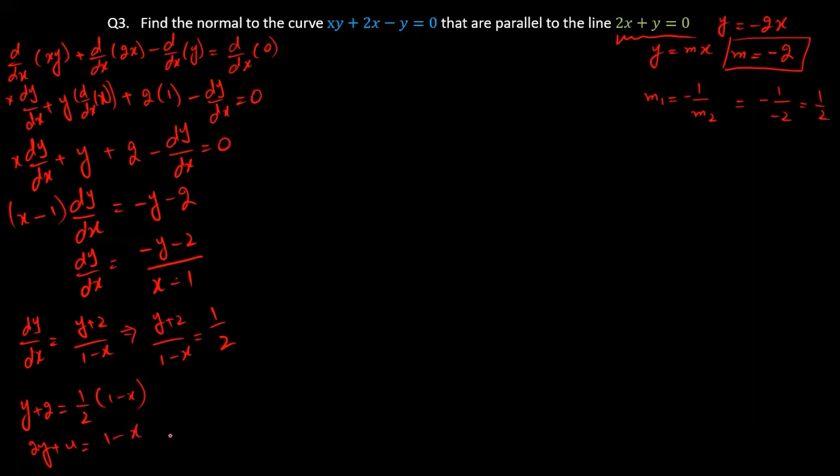If we make x the subject, it will be x is equal to 1 minus 2y minus 4. So now this will become x is equal to minus 3 minus 2y.